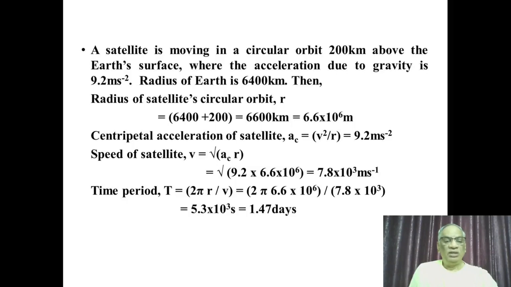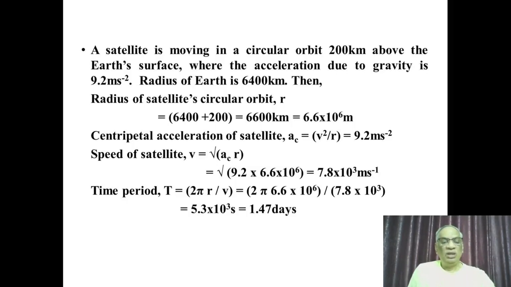Given the radius of the Earth is 6400 kilometers, the radius of the satellite's circular orbit is given by 6400 plus 200, that is 6600 kilometers, or 6.6 × 10^6 meters in scientific notation.